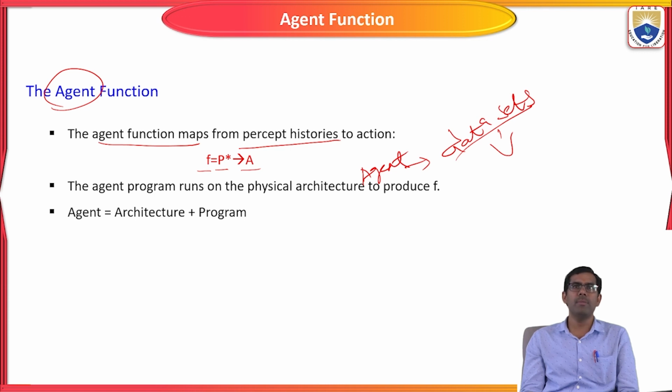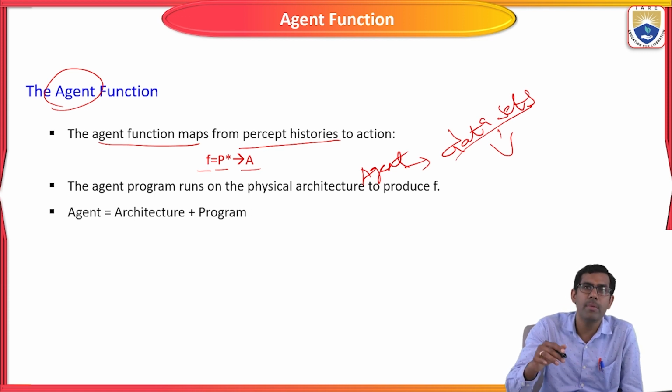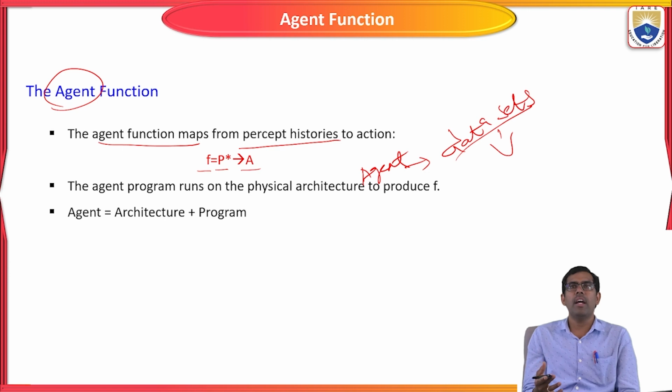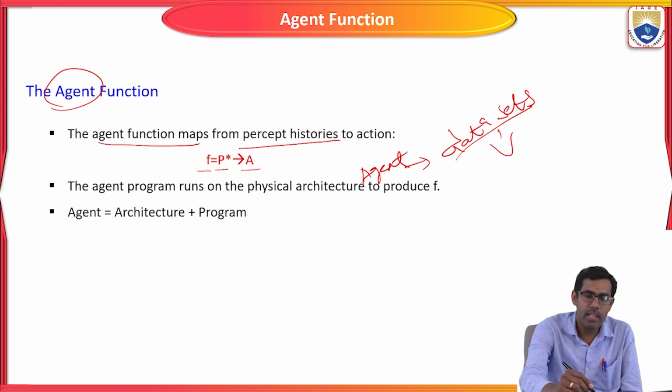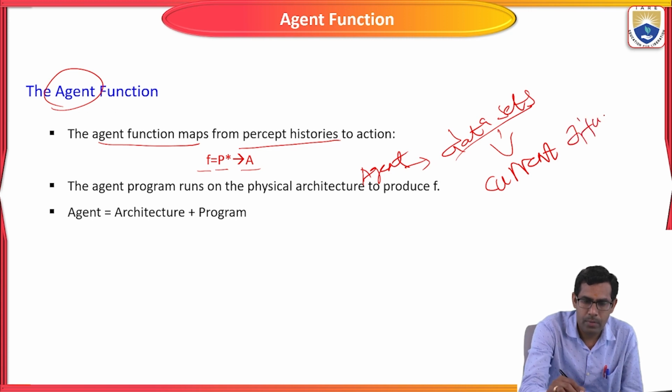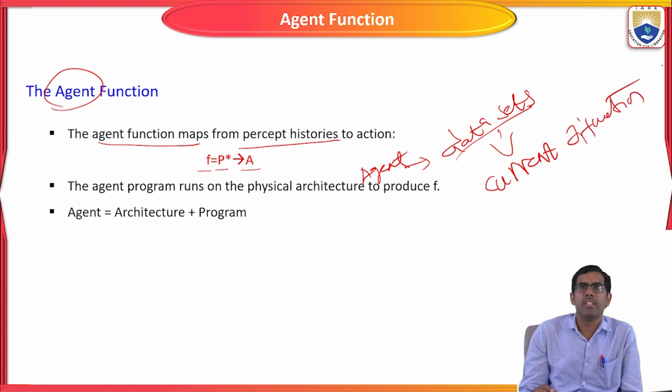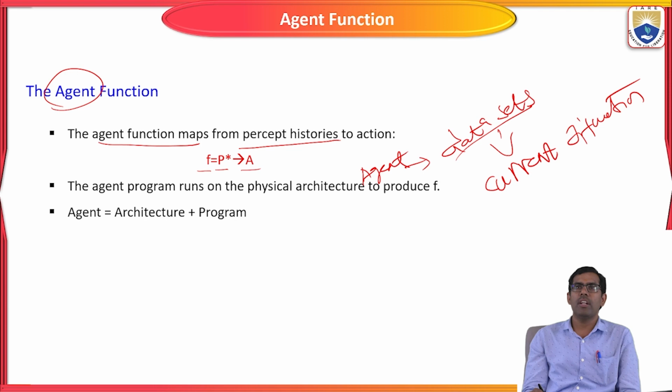The perception history is nothing but different data sets in the current situation. In the current situation, how many data sets are going to be used for making the action.